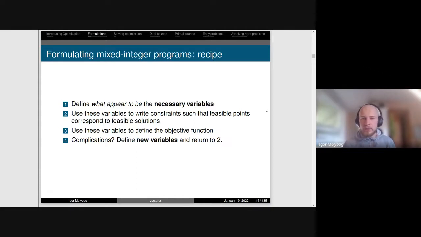Since the constraints are the more tedious part, most probably you will need to introduce new variables there. So I would suggest starting with formulating the constraints, and as you see that you need more variables, add some. Then when you formulate the objective, most probably you already have all of the necessary variables. If you have any complications, define new variables and return to formulating new constraints.